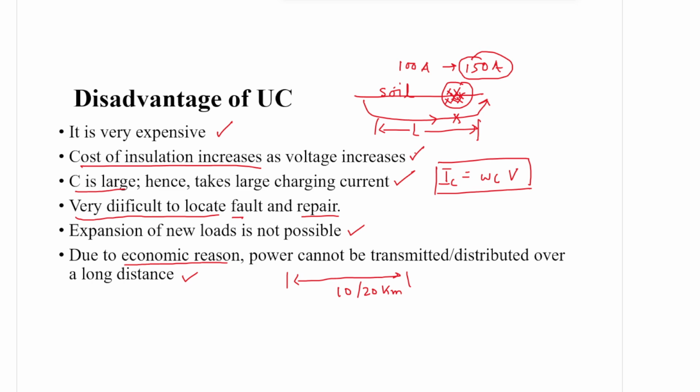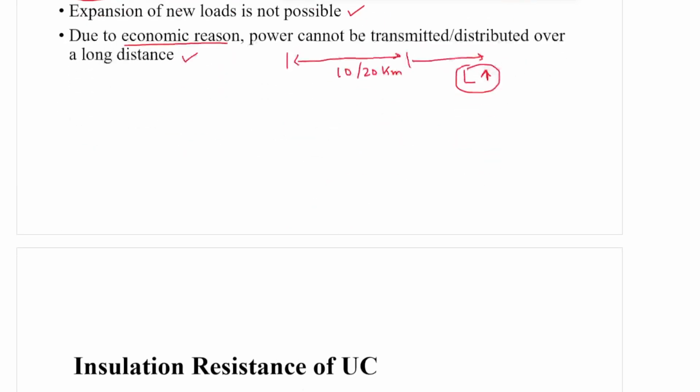As the length of transmission and distribution increases, the physical cable length increases, so the cost increases. So due to the economic reason, it is not advisable to use underground cable over long distance transmission and distribution of power. These are a few disadvantages of underground cables.